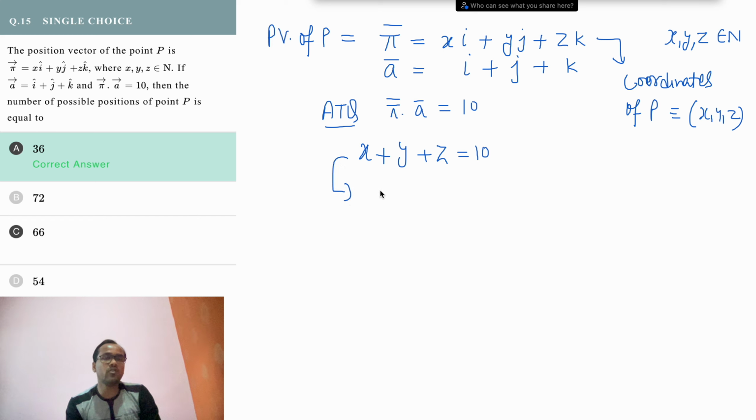That means they are asking the number of solutions of this equation. We need to find the number of solutions of this equation.